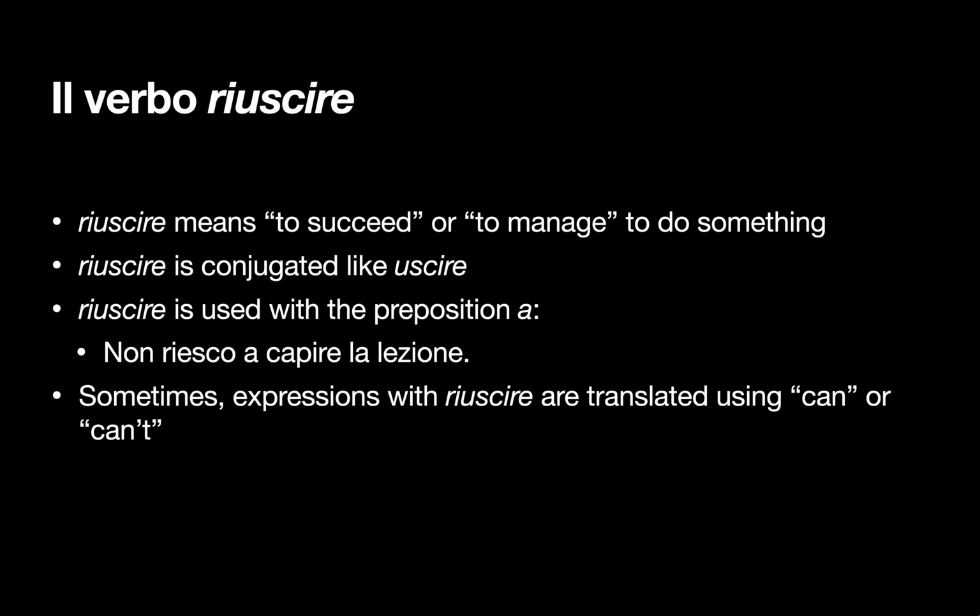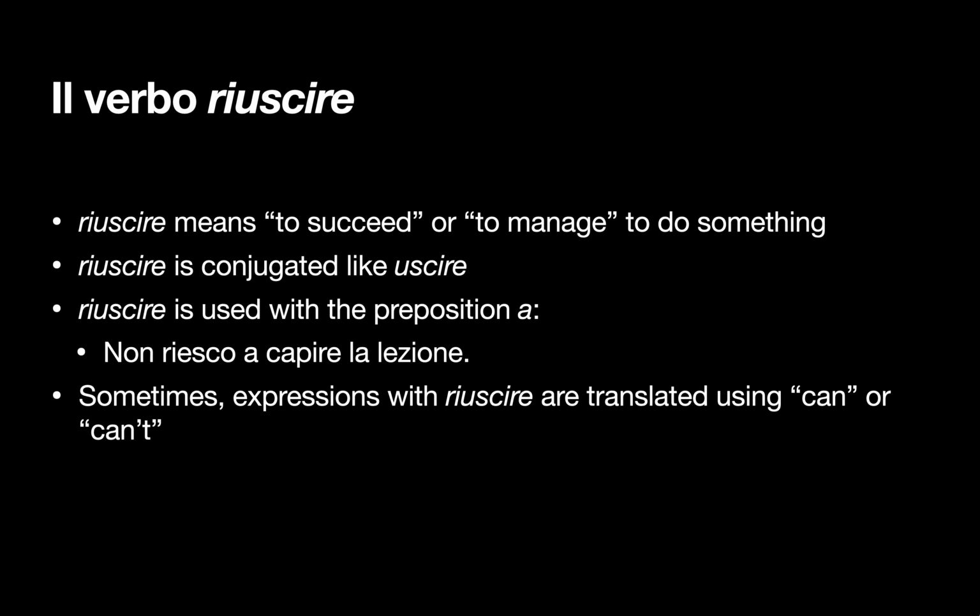So sometimes riuscire will be used in the sense of I could or couldn't do something, or I can or can't do something. So for example, non riesco a capire la lezione would literally mean I don't succeed to understand the lesson, which obviously in English is a little clumsy.